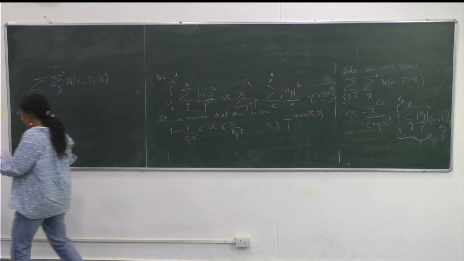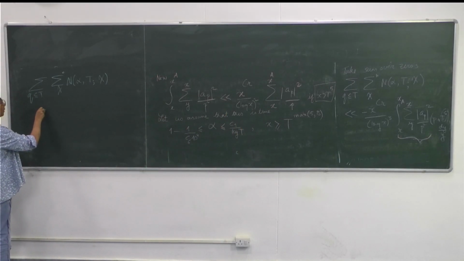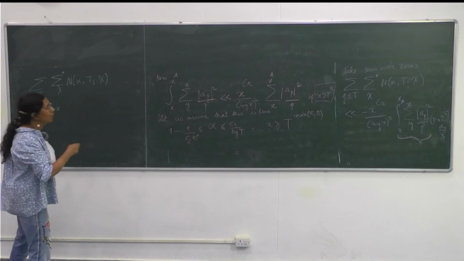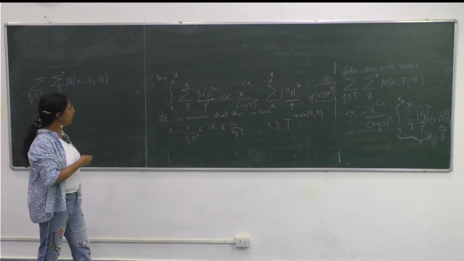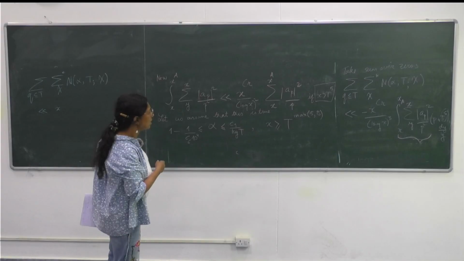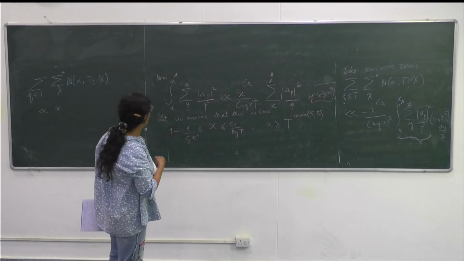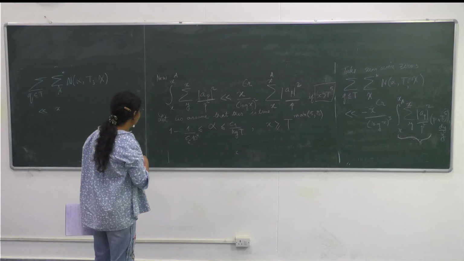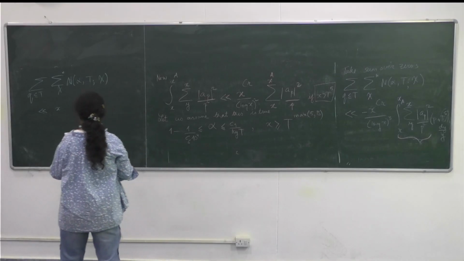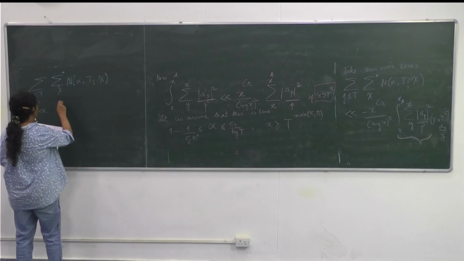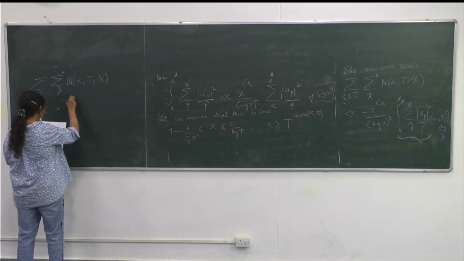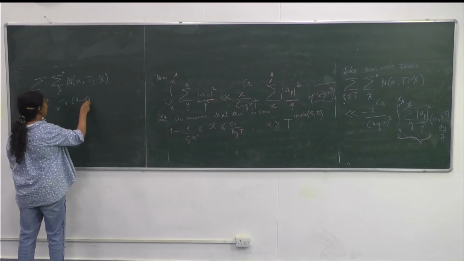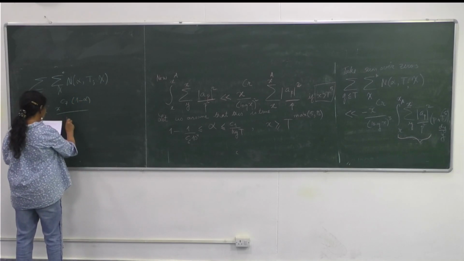So now this one is less than, therefore, x. I get an x. So some c, which c am I at? I've forgotten. C6, so maybe this is C7. 1 minus alpha by log x square.